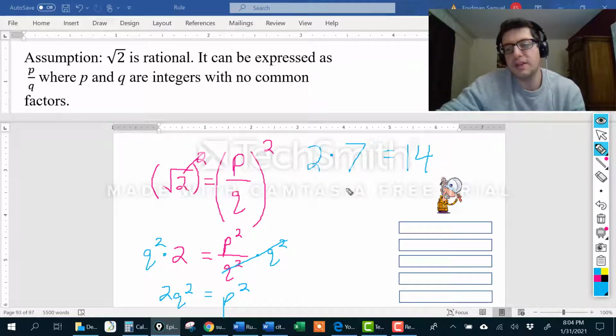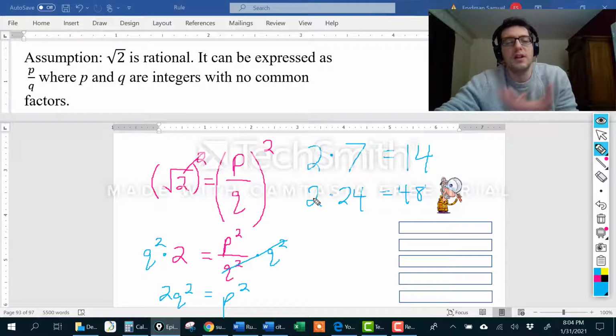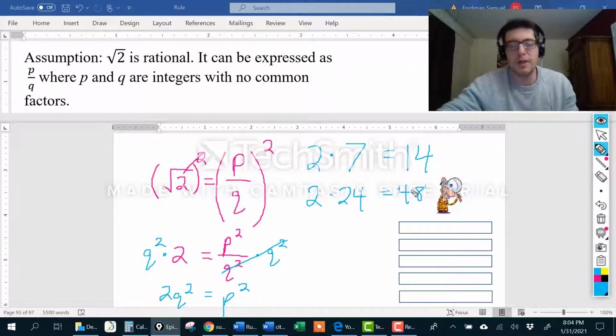What if I picked another number, what about 24? If I do 24 times 2, then I'll get 48. 48 is another even number. Of course, because I took some number and I multiplied it by 2. All being an even number means is that it's divisible by 2. So of course, if I take a number and multiply it by 2 to get this one, then this one must be an even number. It must be divisible by 2.